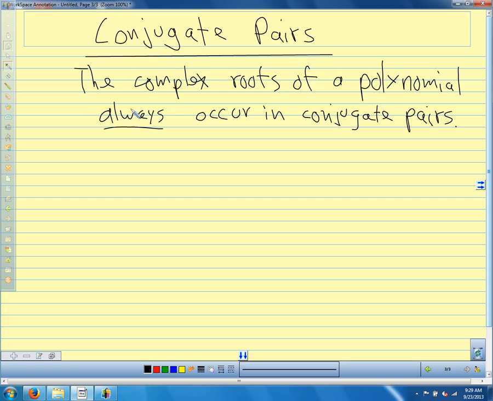So the kinds of questions that you might see that have to do with conjugate pairs. This first one should be 3 points on a test. f of x has 3, 5, and 3 plus 2i as roots.